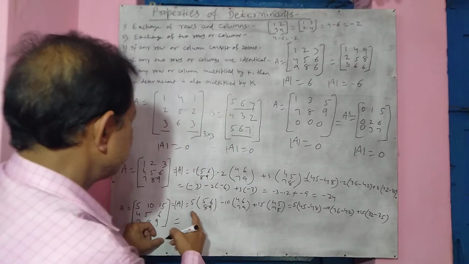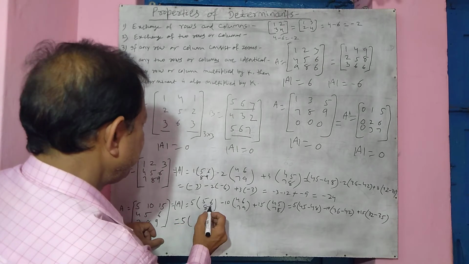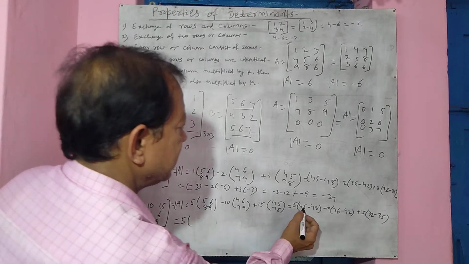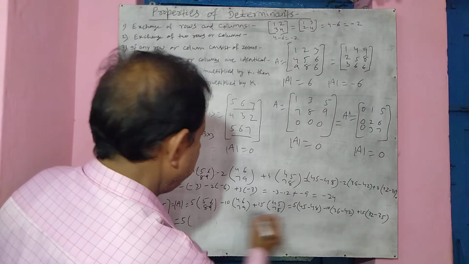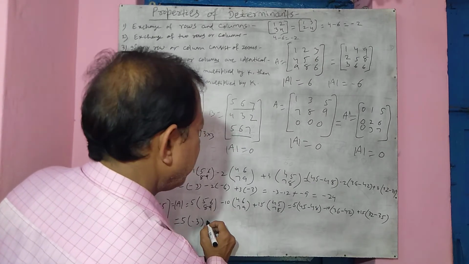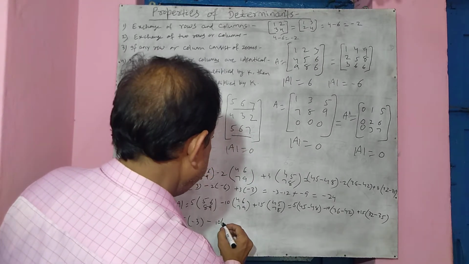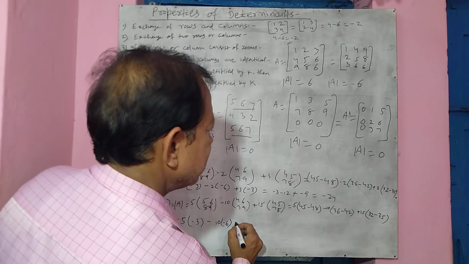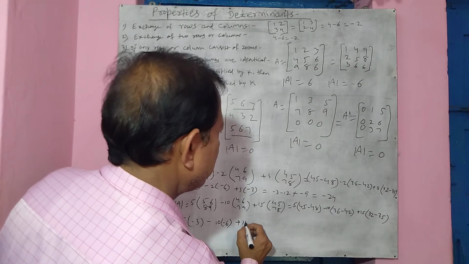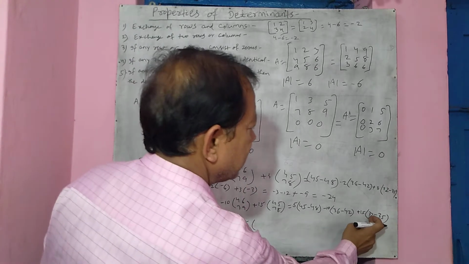That becomes 5 into minus 3, minus 10 into minus 6, then plus 15 into minus 3.